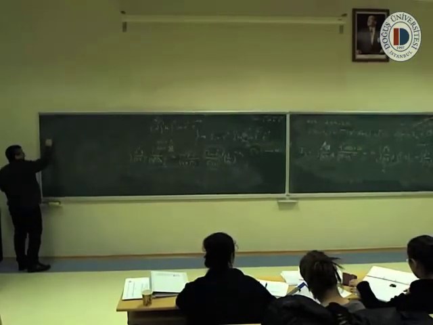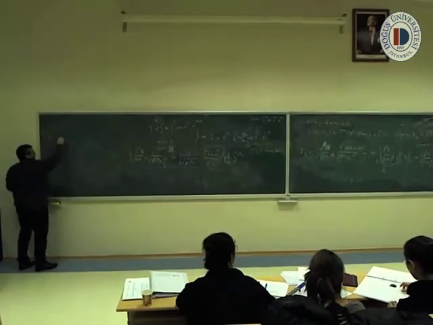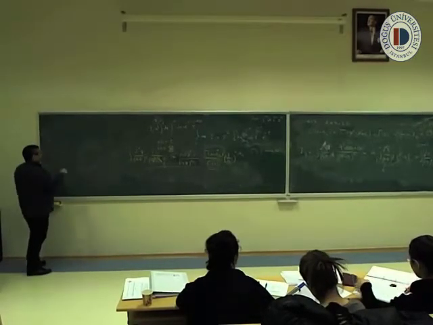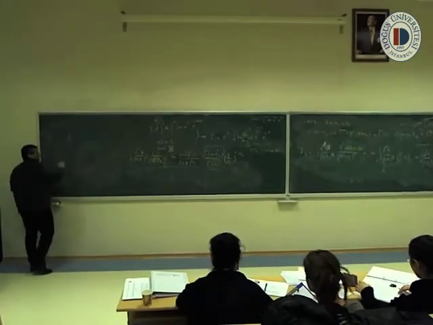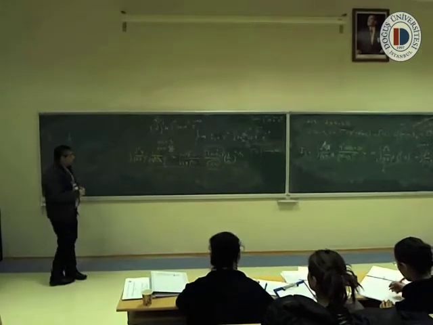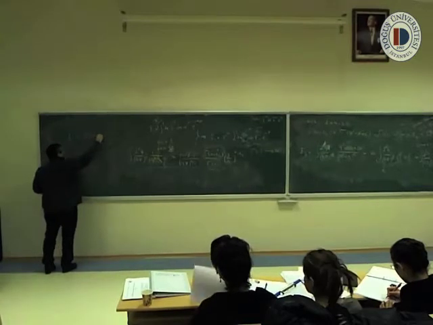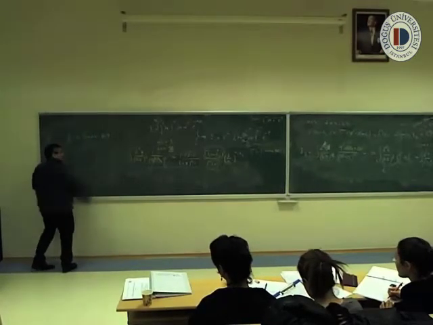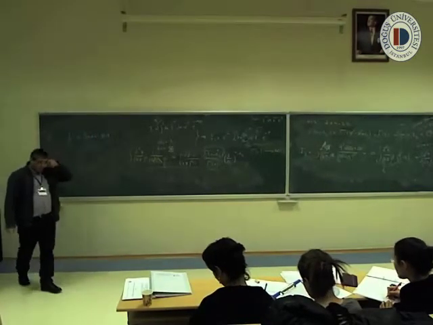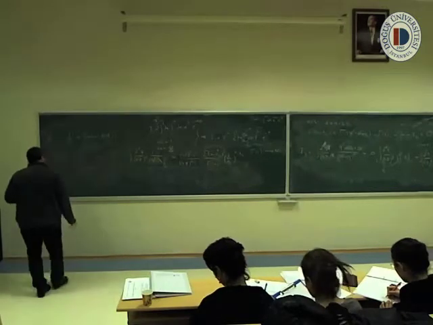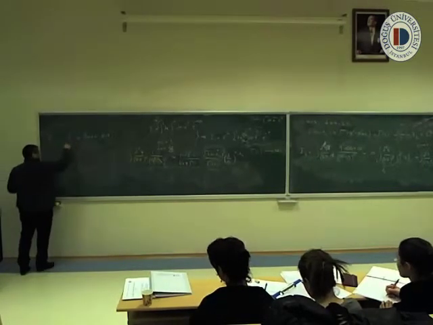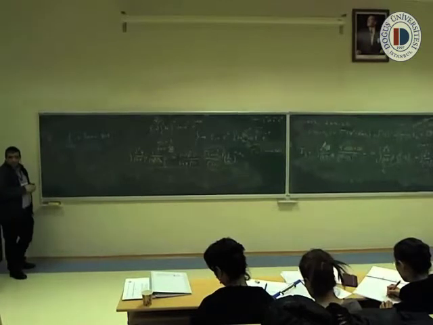So our amplitude has a 1 over epsilon part plus a finite part. Now, up to here I showed how we separate the divergent part.